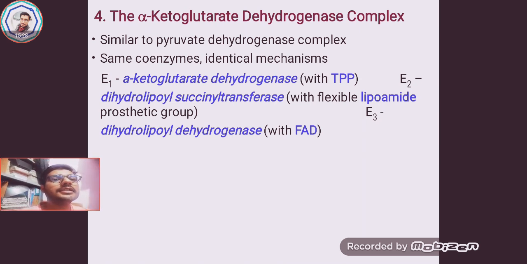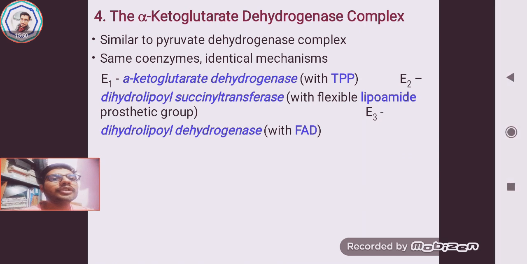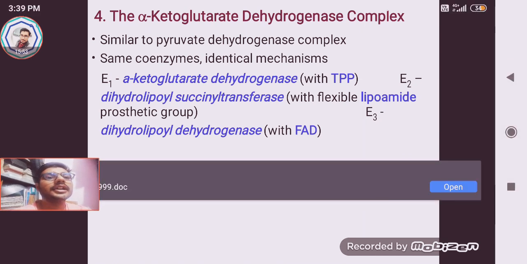It also has three enzymes: alpha ketoglutarate dehydrogenase with TPP, dihydrolipoyl succinyl transferase with flexible lipoamide group, and enzyme 3 is dihydrolipoyl dehydrogenase with FAD.